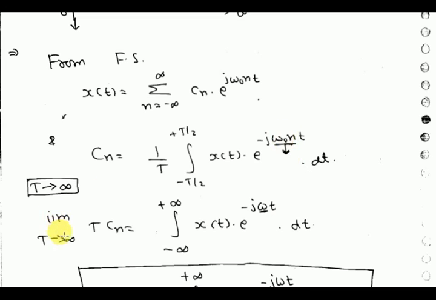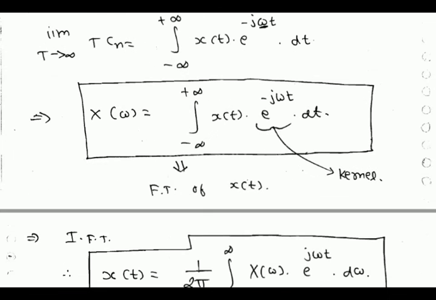And if you take the limit T tends to infinity, omega naught times n becomes omega, and this term will be X of omega. So X of omega equals the integration from minus infinity to plus infinity of x of t e to the power minus j omega t dt. This is called the Fourier transform of x of t.